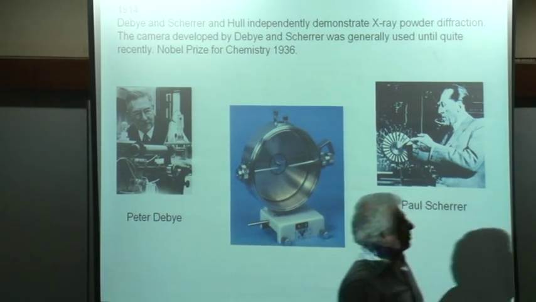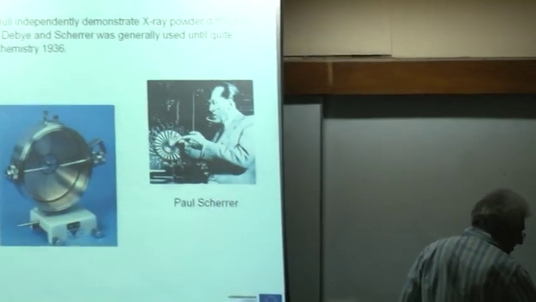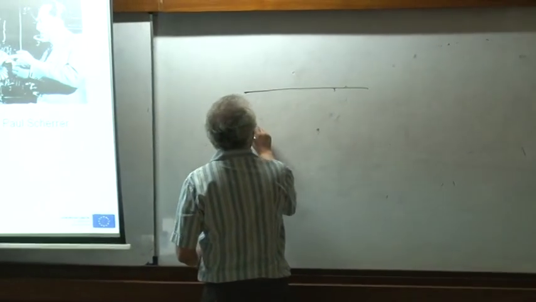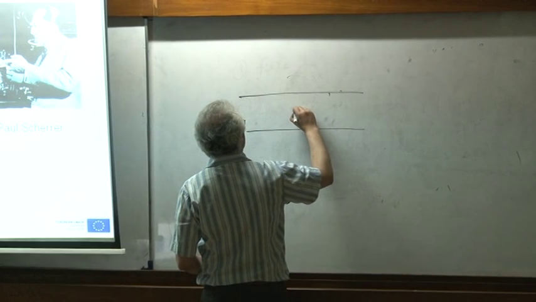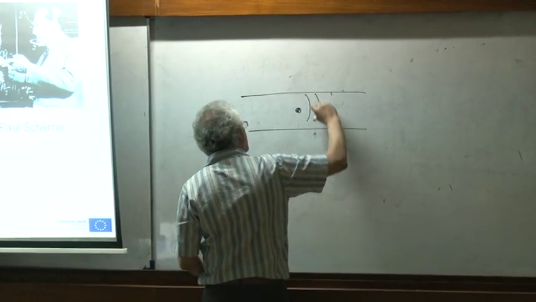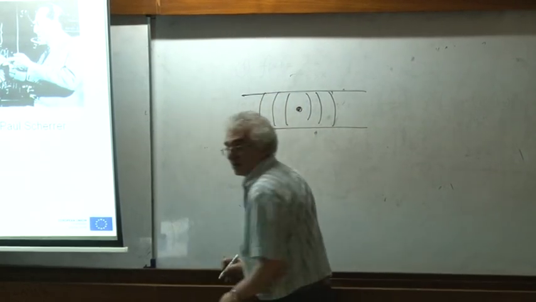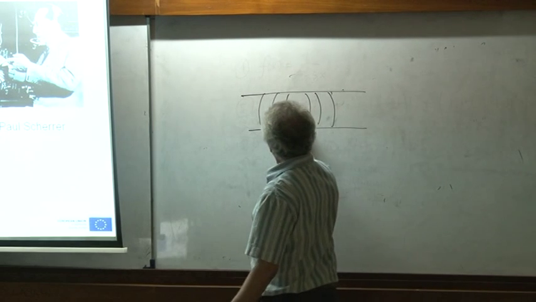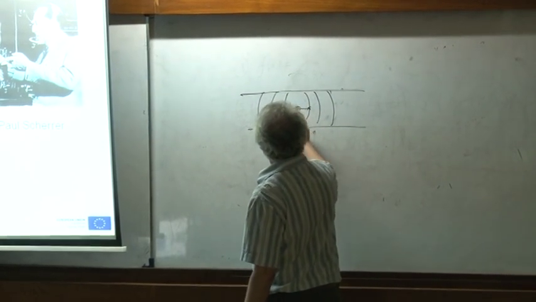And so when you develop this film, what you end up with is something that basically, if you imagine this, has a lot of rings like this. And so what you have to do is you take the center of the ring through the middle and you measure this distance.